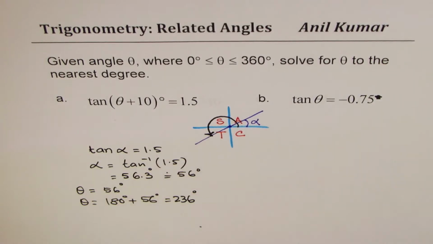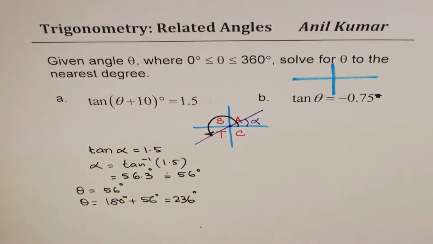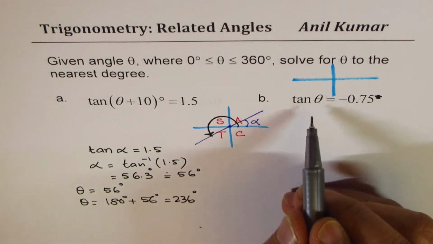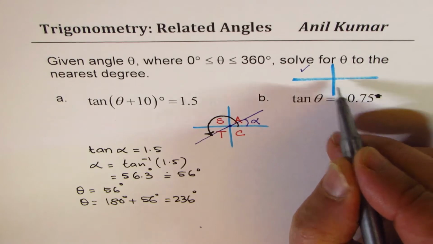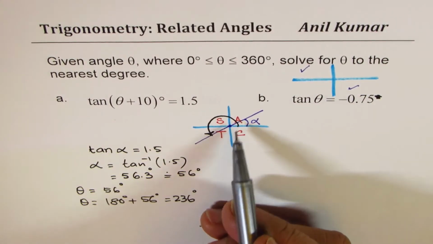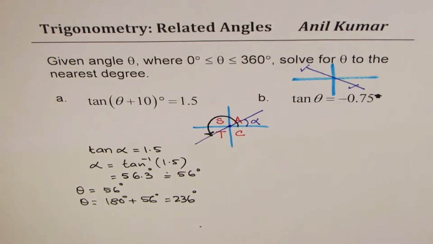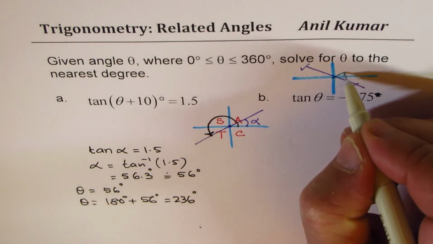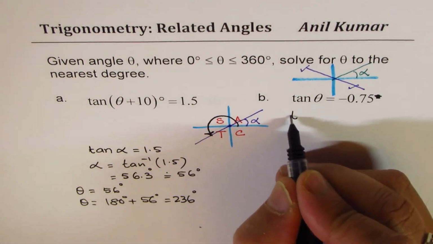Now let's look into the next part. At this stage, actually, you can always pause the video, since you know the technique, and write down your solution. Now we are looking for a negative value. That means we are in quadrant 2 or in quadrant 4, right? Since you know that tan is positive in quadrant 1 and 3. So we're looking for a solution like this somewhere, right? Okay. So what are we going to do here? We'll consider acute angle alpha just as we did last time, and we'll figure out what alpha is.